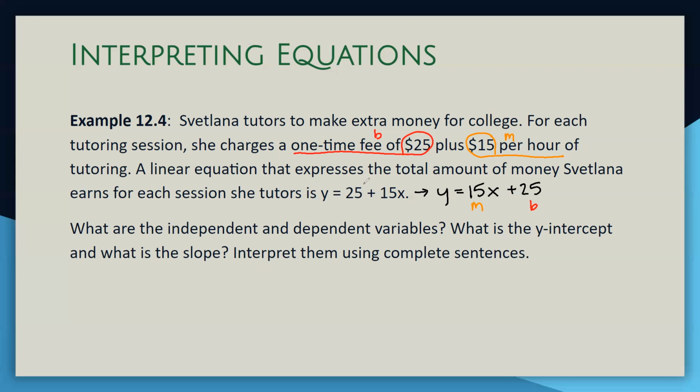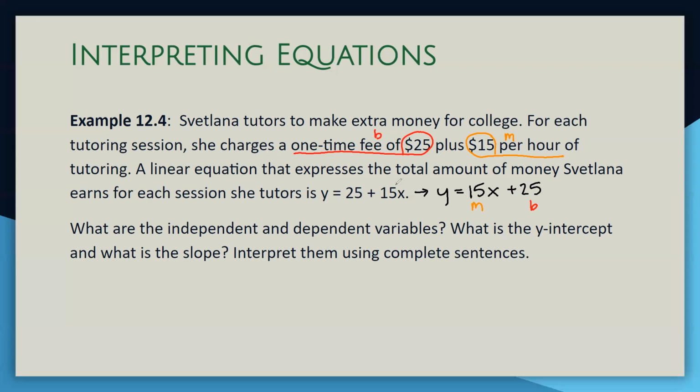So they ask us then, what are the independent and dependent variables? So what do x and y represent? What is the y-intercept and what is the slope? So looking at the statement, it says linear equation that expresses the total amount of money Svetlana earns for each session that she tutors.